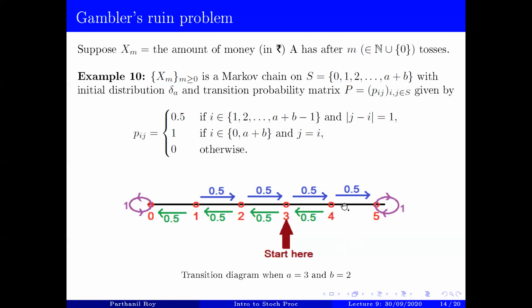Now, by the way, you start at 3 because a is 3. So this is the Markov chain that gives you the amount of money A has after M tosses.